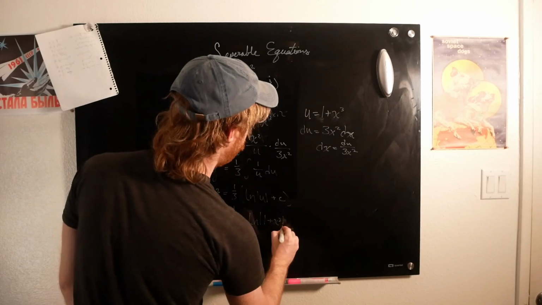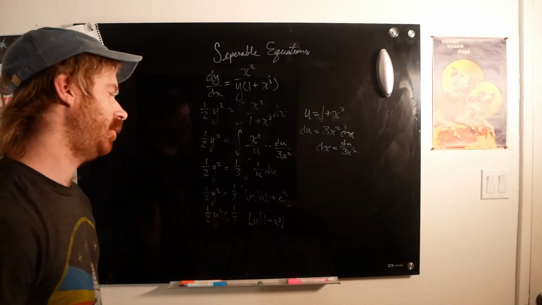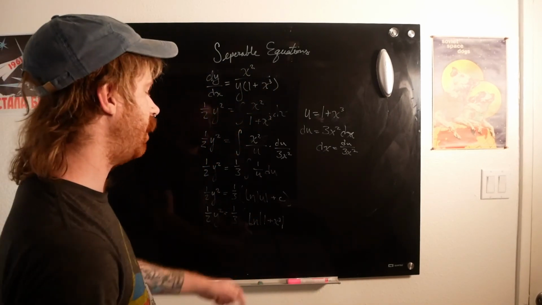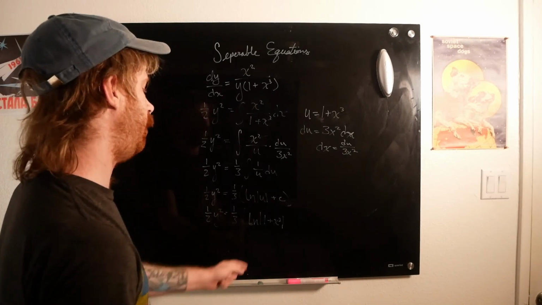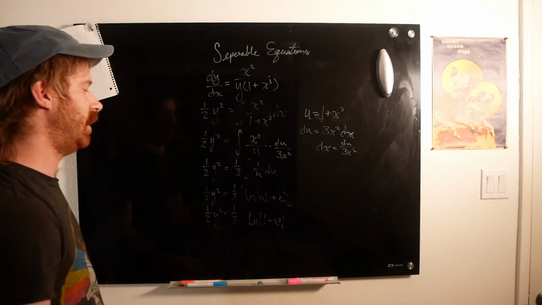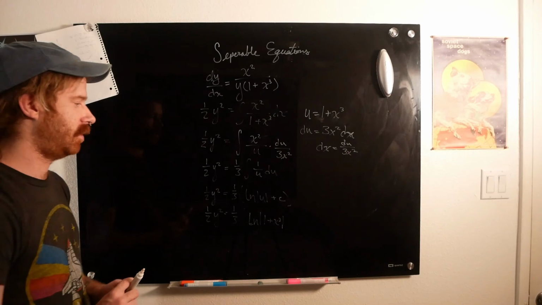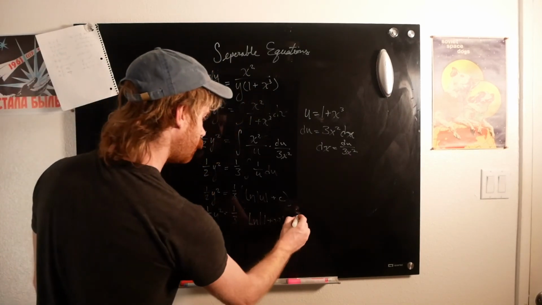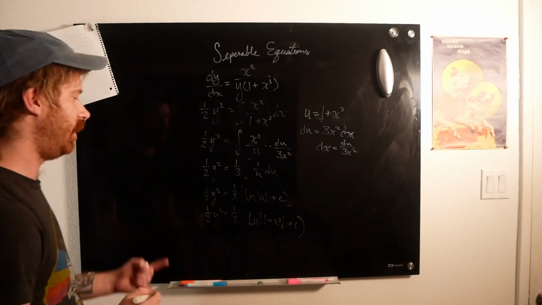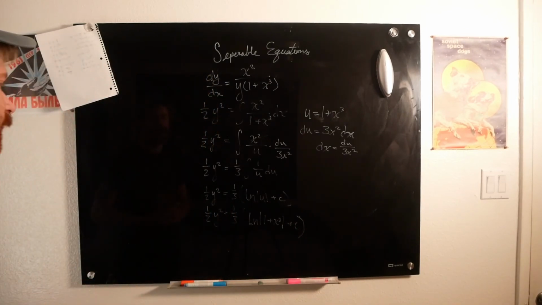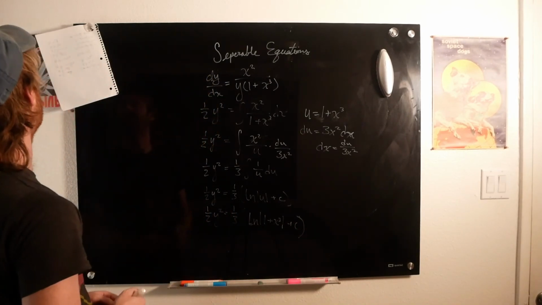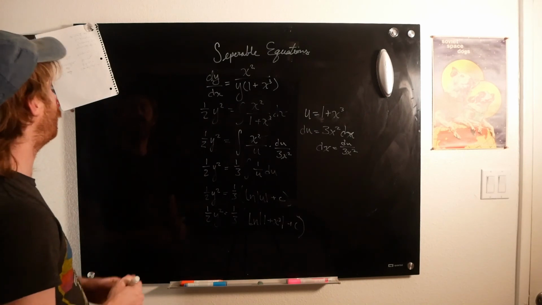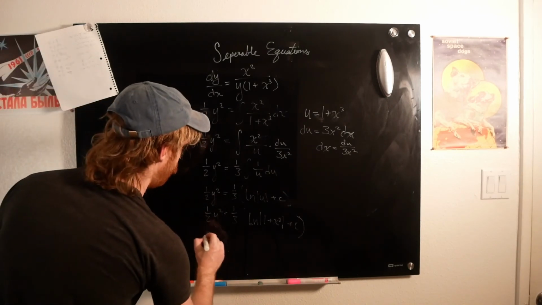And it has to be the absolute value because x cubed can be negative. If you were to plug in -2, that would give you a negative inside of a natural log, and you can't do that. It's illegal. So plus c. And that should be your answer. You can tidy it up by multiplying both sides by 2. The book does do that. It doesn't really matter though, it's going to be the same thing.